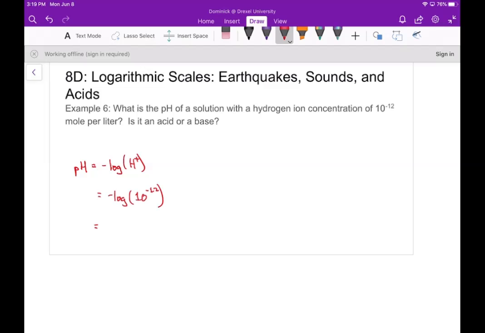So if we take minus log of 10 to the minus 12, we're going to get a positive 12. Since the pH being 12 is more than 7, that means that this is a base, sort of like the opposite of an acid.